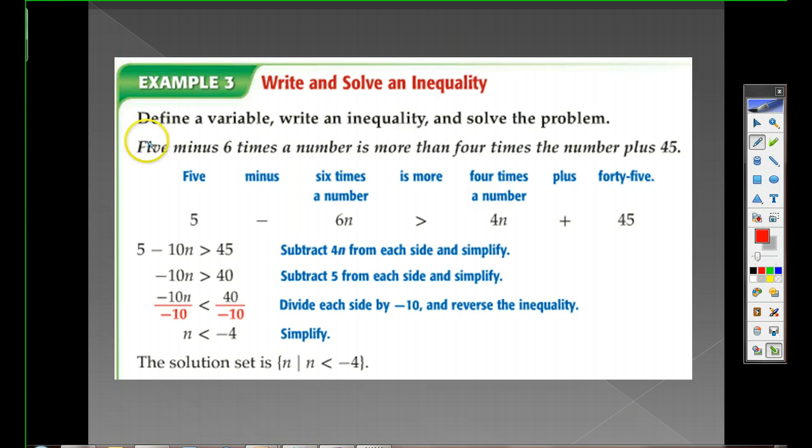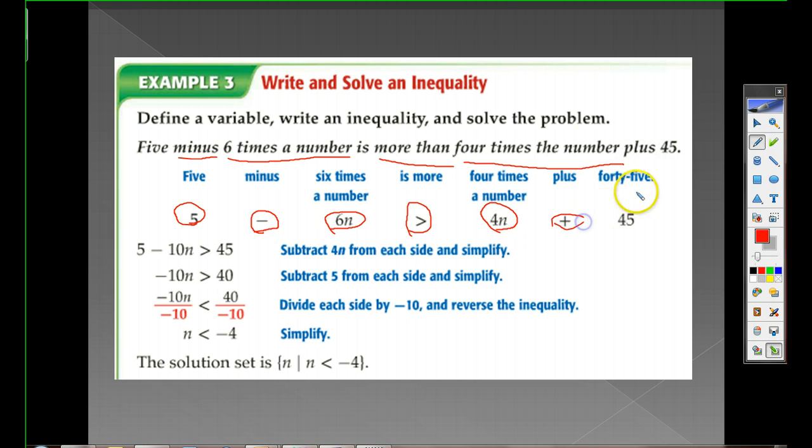Okay, so all you're doing is really translating these into numbers. So 5, you have your 5. Minus, you have your minus here. 6 times a number, 6n. More than, you have the greater than sign. 4 times the number. They said 4 times the number because they're talking about the same number here, so we use the same n. Plus, here's the plus sign. 45.